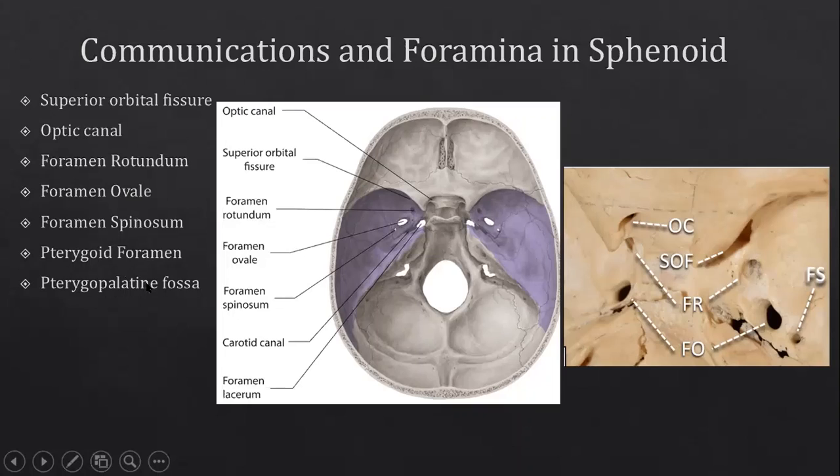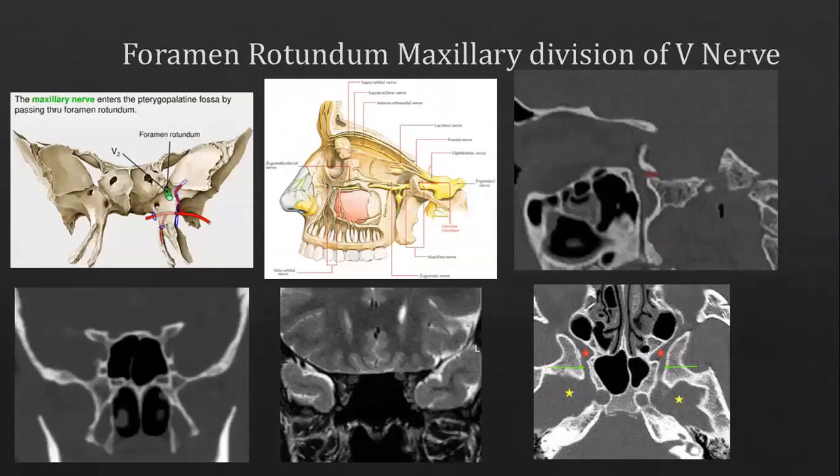And finally, we'll talk about the pterygopalatine fossa, which is a very major relay station, and forms a very important landmark in discussions around the anatomy between the face, the maxillary sinus, the nose, the palate, and the middle cranial fossa. So let's look at these individual foramina.